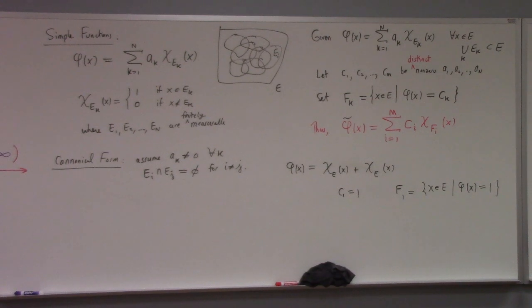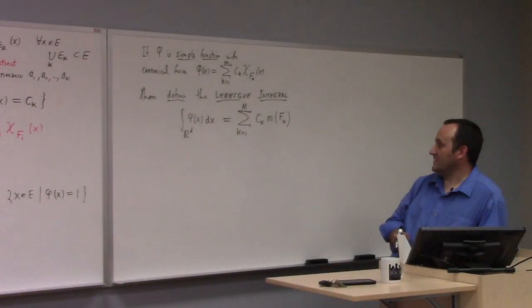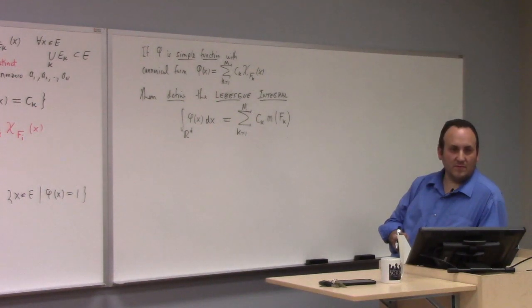And so what is F sub k? It's nothing more than a union of the E sub k's, right? Okay. So that's the definition of the Lebesgue integral, well, for simple functions, right?